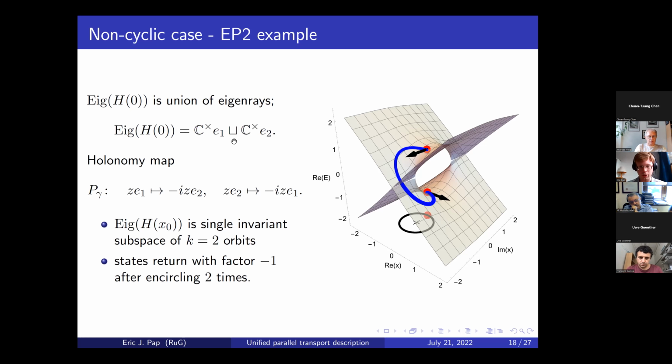These will not have a definite energy, and also the zero vector is not there. The parallel transport map, or holonomy in this case, is now a map from this set back to itself. I should tell you what it does to elements from here and elements to there. For the EP2, you can calculate it, and it does this. Basically, you get minus i times the other direction out of it. And so this is the map we're going to study.